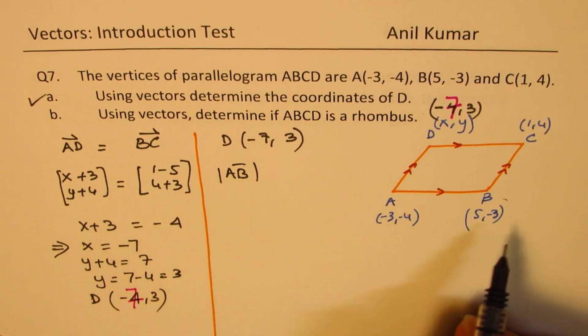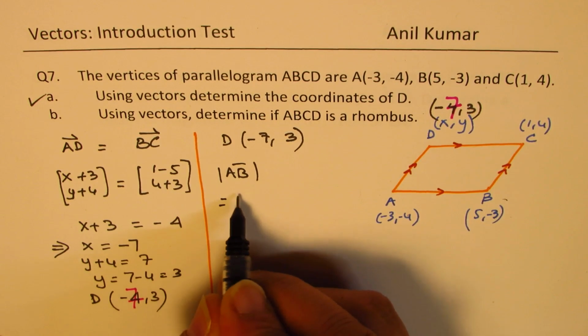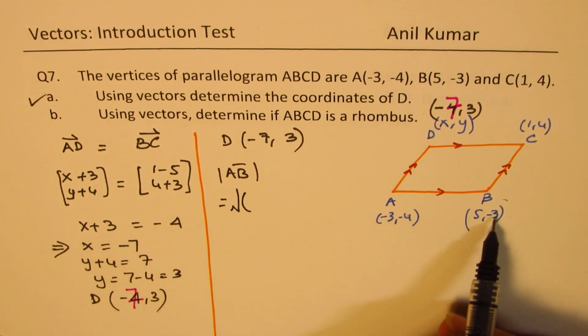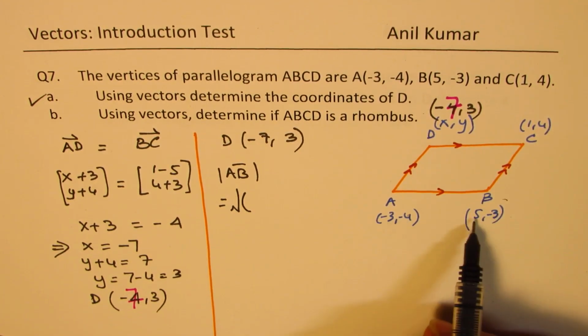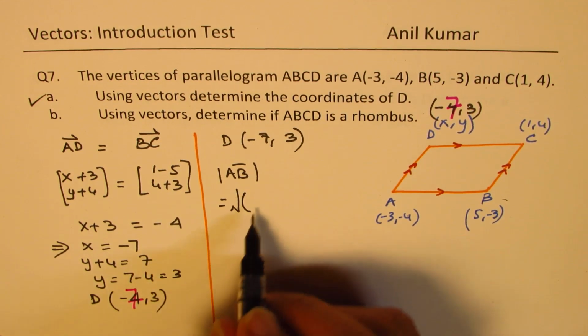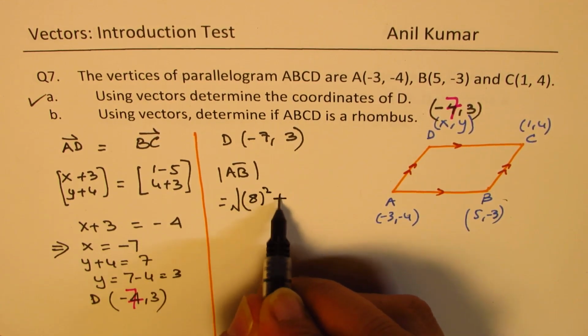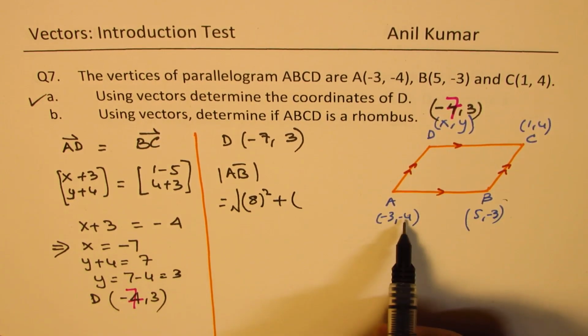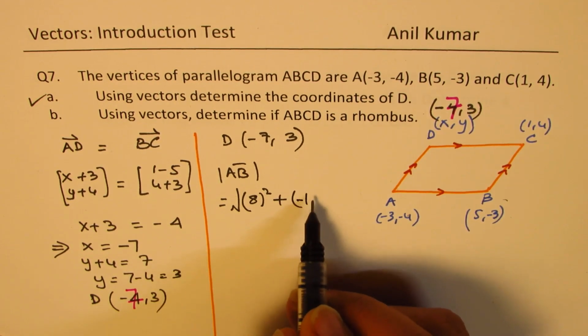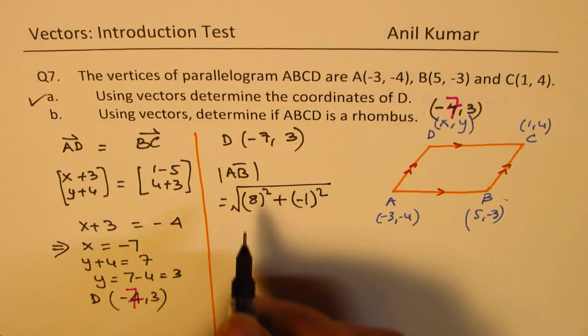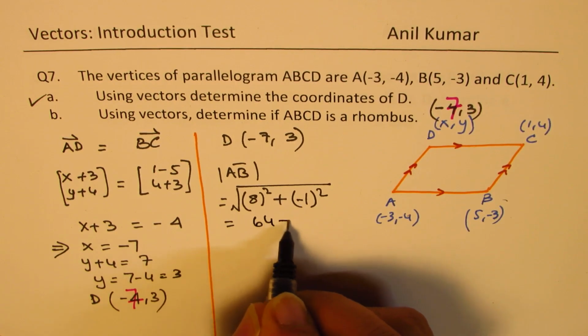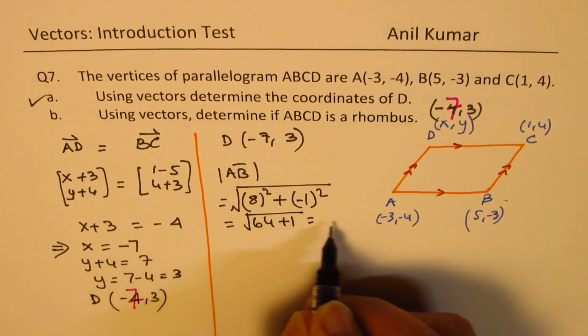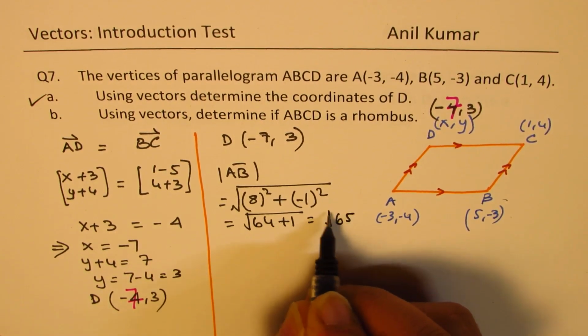AB magnitude will be equal to square root of 8 squared plus -1 squared, correct? Which is 64 plus 1, square root, or square root of 65.